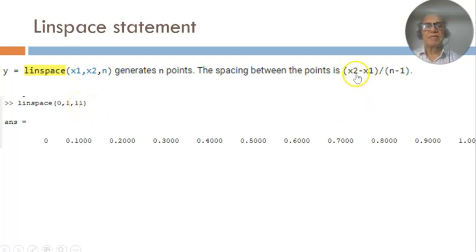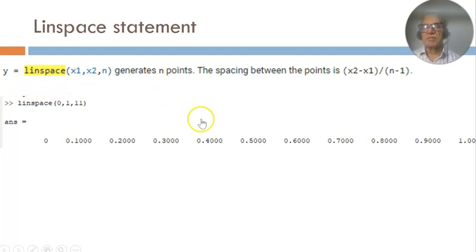So therefore the spacing is x2 minus x1, which is 1 minus 0, that is 1, divided by 11 minus 1, that is 10. So 1 by 10, that is 0.1. So start with 0, 0.1, then 0.2, again the spacing is 0.1, 0.3, 0.4, all the way up to 1. That is the meaning of the linspace statement.